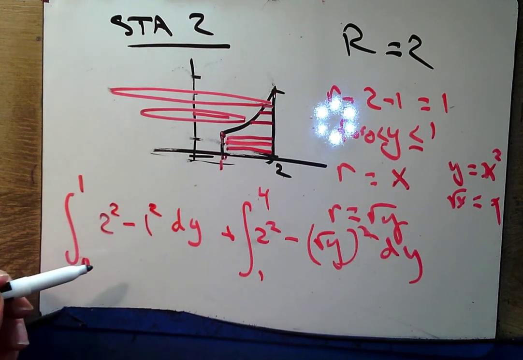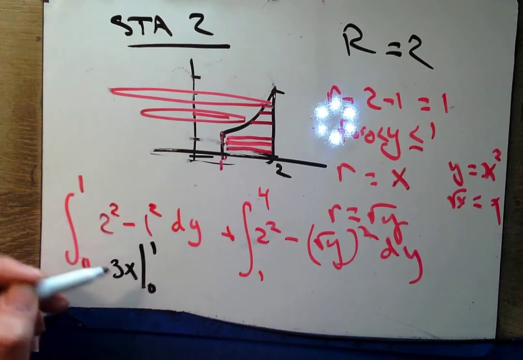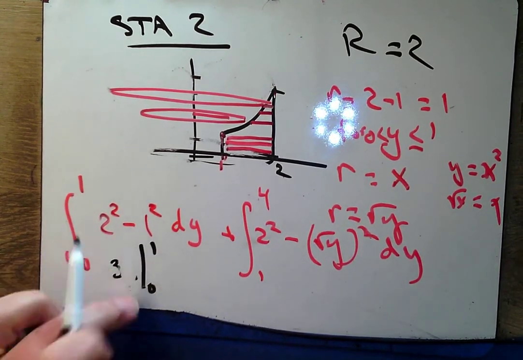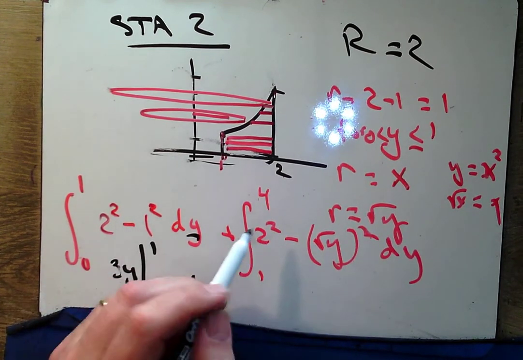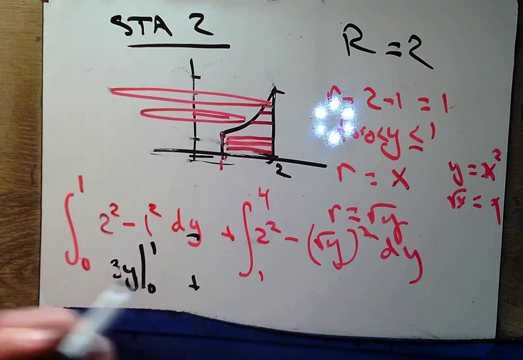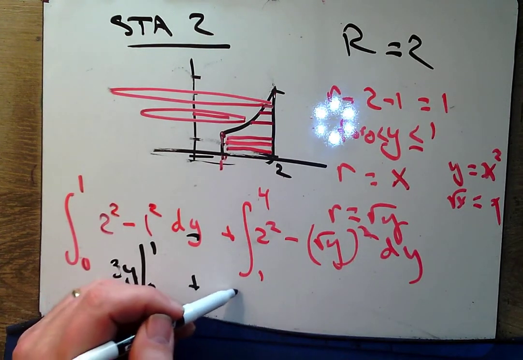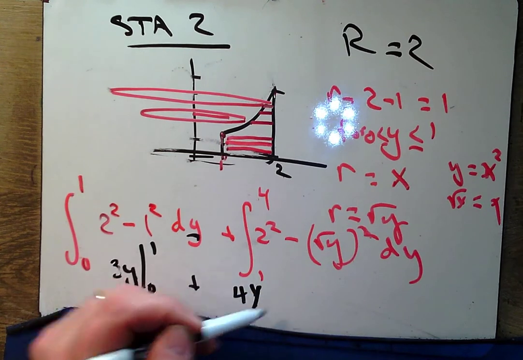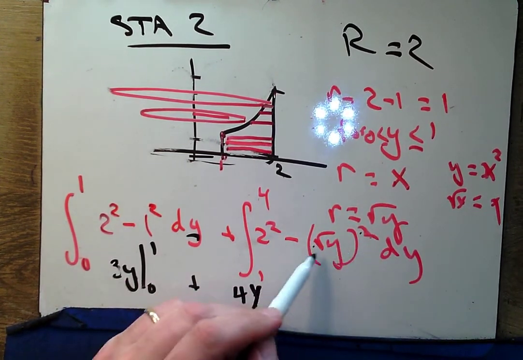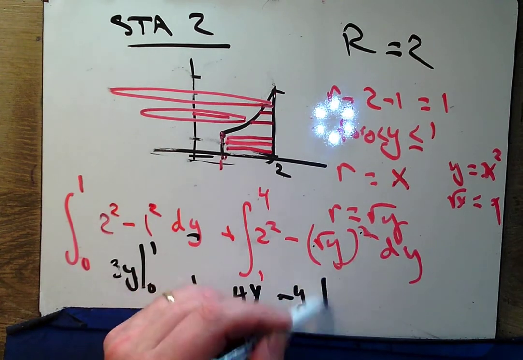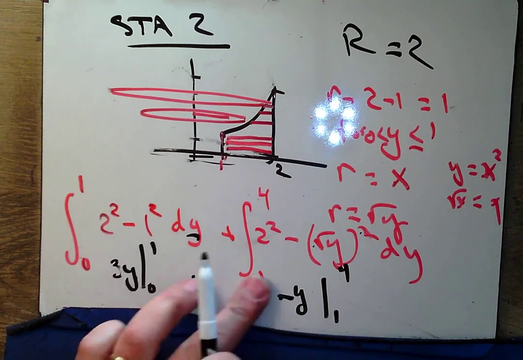4 minus 1 is 3. The antiderivative of 3 is 3y from 0 to 1. Oh, sorry, 3y. It's a dy integral. Plus, here we've got 4. The antiderivative of 4 is 4y. And square root of y squared is just going to be y, so minus y from 1 to 4. Well, that can be tidied up to 3y.